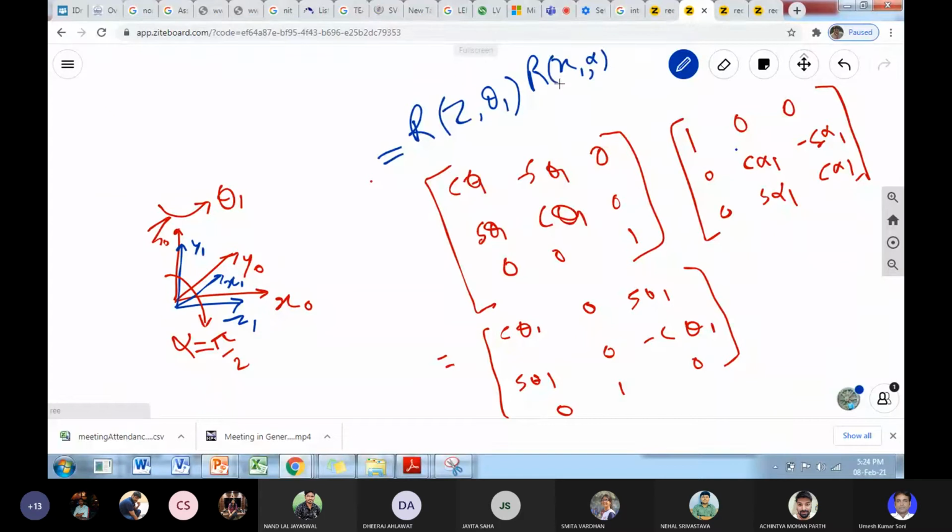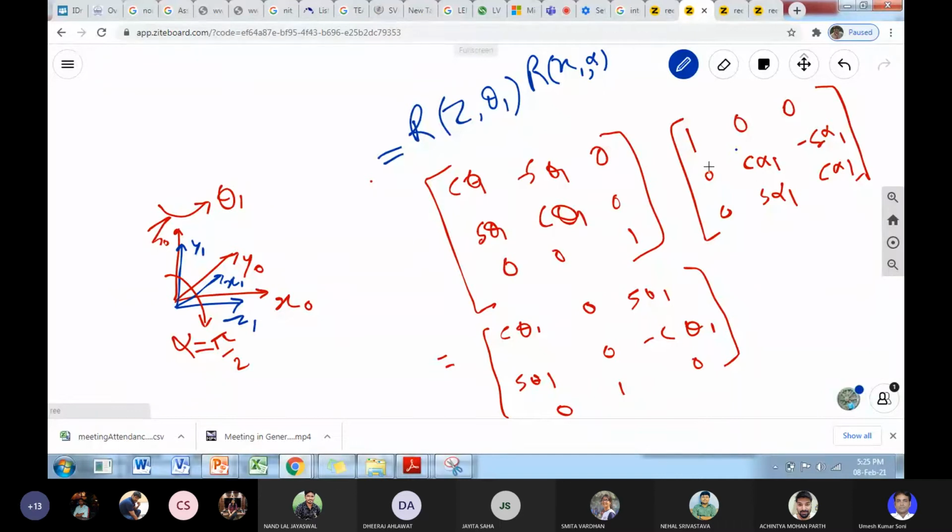Okay, alpha is always the angle measured when the rotation is along the x axis. When rotation is along the z axis, this is represented as theta. When rotation is along x axis, it is represented by alpha.